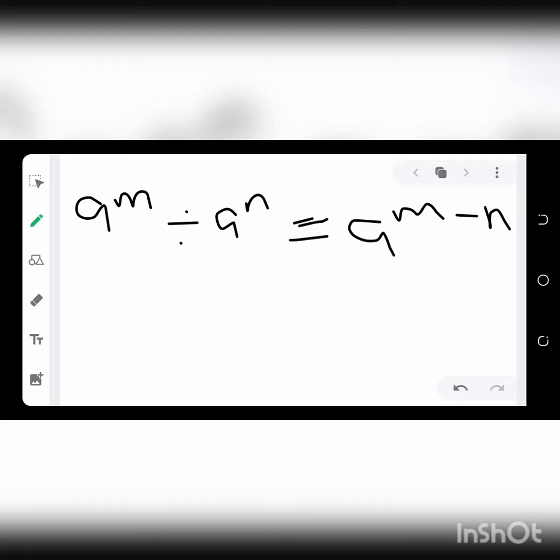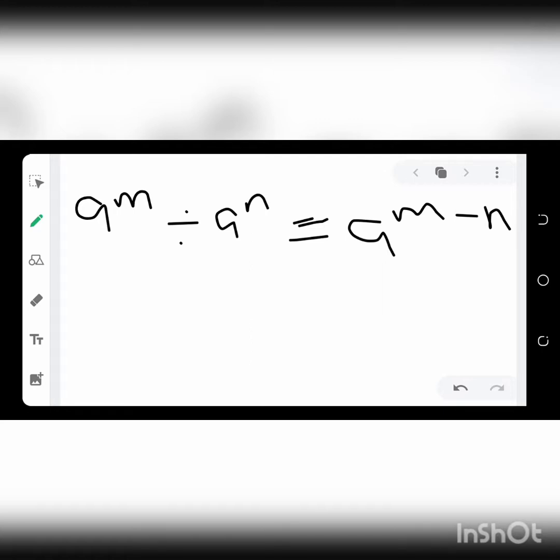The same thing applies for the minus. If it was minus that I'm having here, I will just simply equate the bases, since they are the same, and divide the powers.